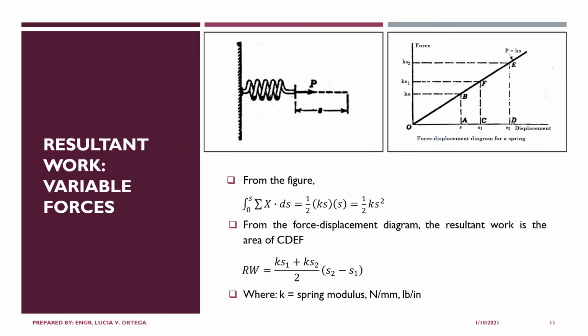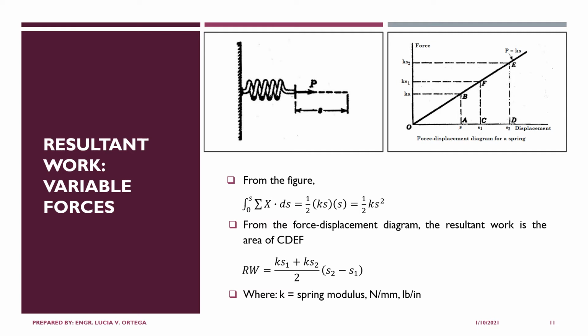So from the figure, the net force applying the energy equation. The net force is equal to 1/2 Ks times S. How do we do this? By integration. Okay? So the energy in the spring is 1/2 Ks squared. You integrate the energy equation.